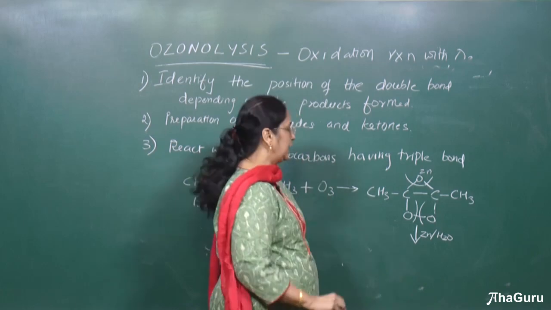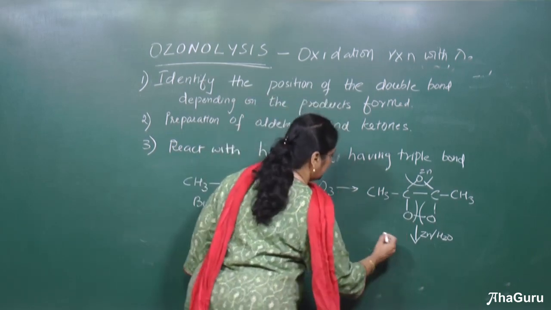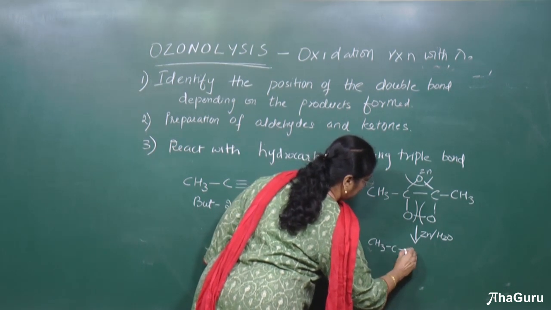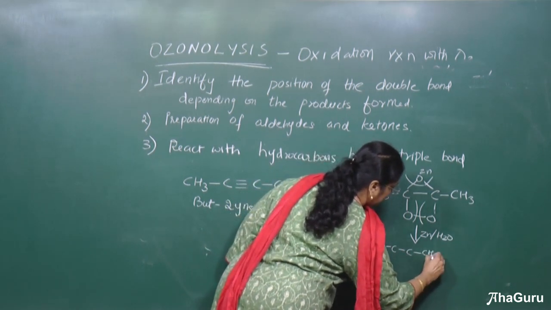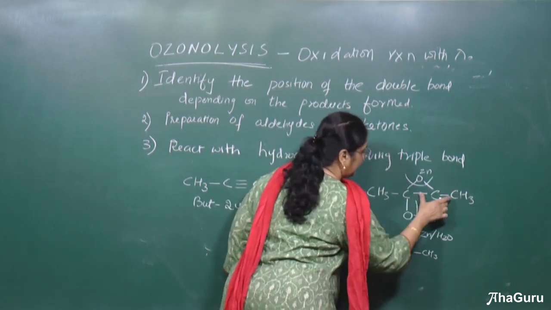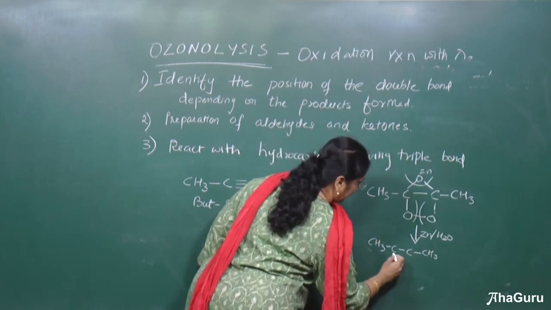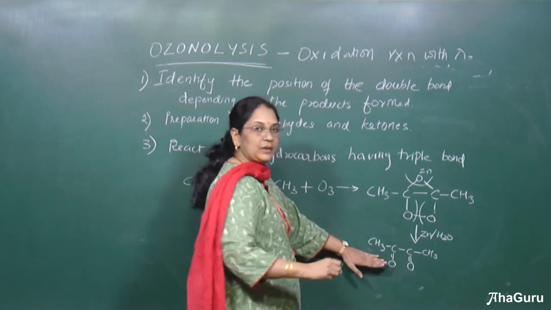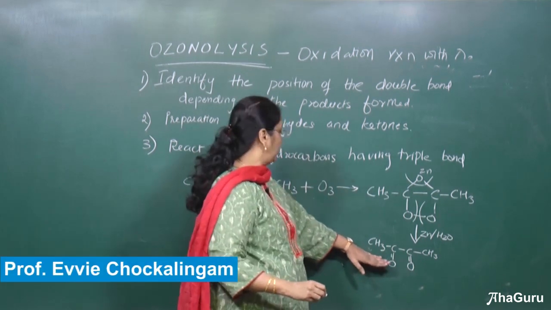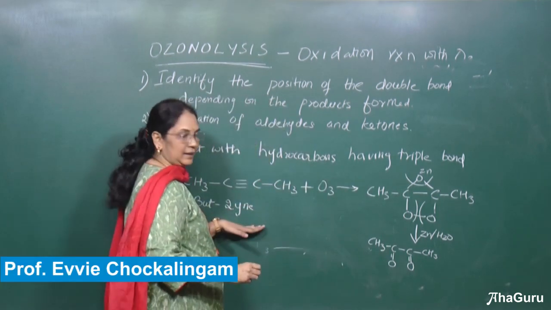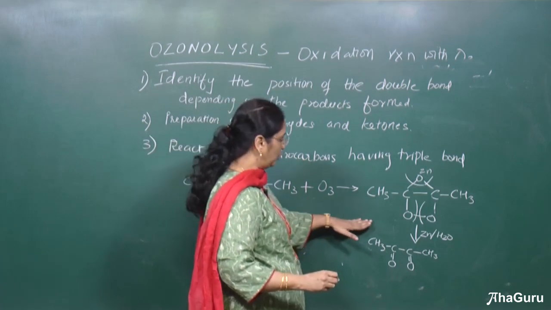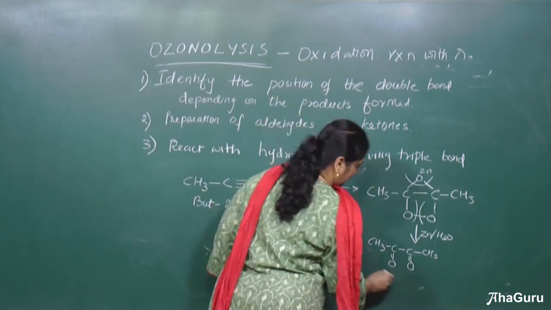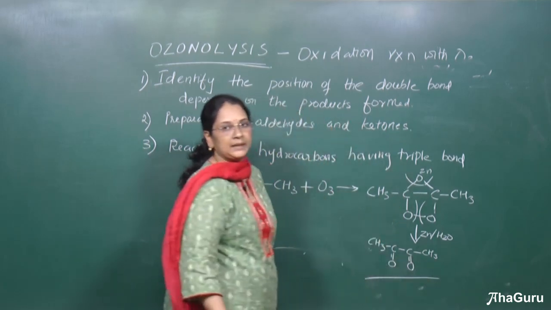So, we will get only one product, that is CH3C. I am writing this part as it is. So, here I will form double bond O, double bond O. So, we will basically get a diketone when we use an alkyne. And one more thing to be noted is, we will get only one product, which is a diketone.